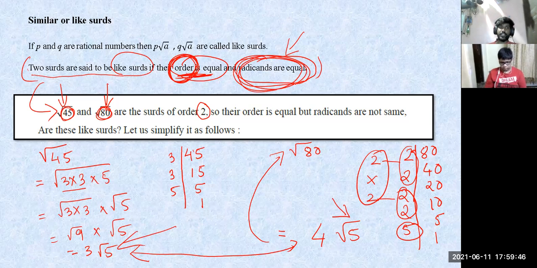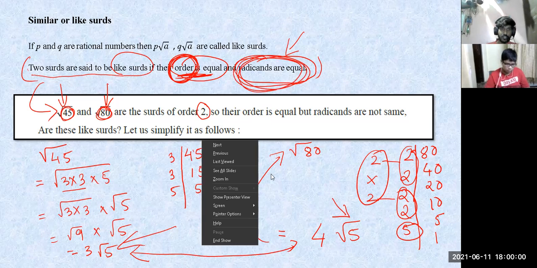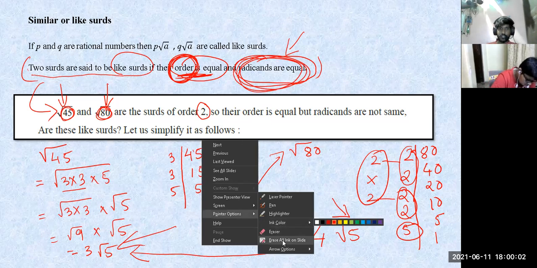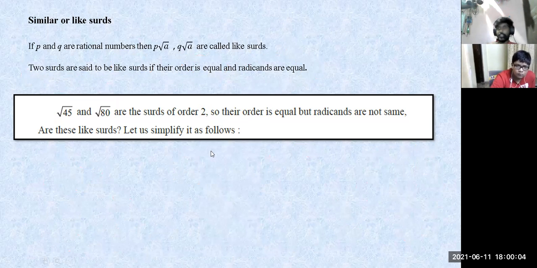Okay, write down this. Wait, write as I say, the way I tell you to write it.